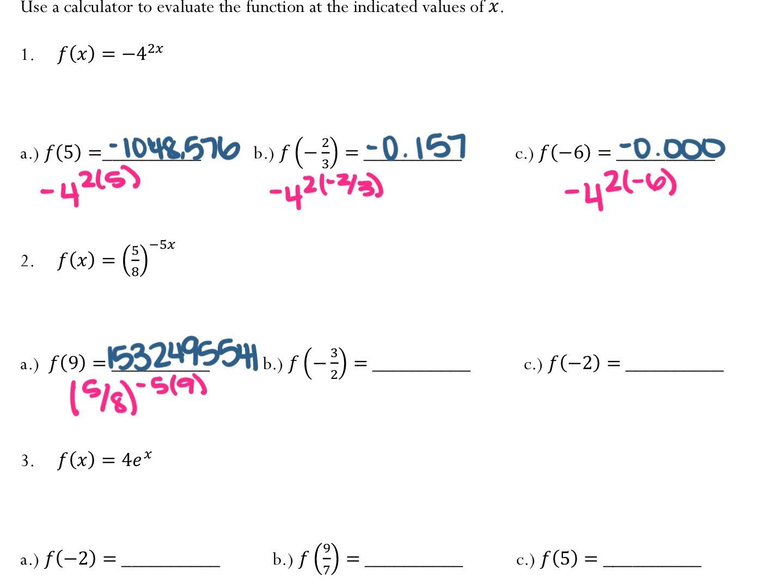For B, you have f of negative 3/2. So that's going to be 5/8 to the power of negative 5 times negative 3/2. So in your calculator, 5/8 to the power of negative 5 times negative 3/2.